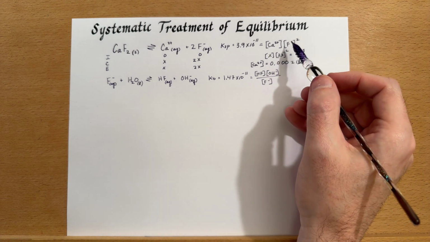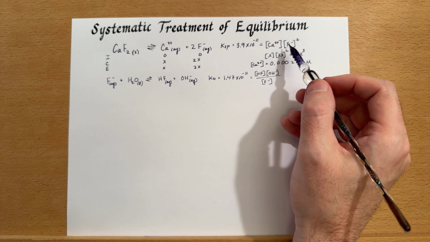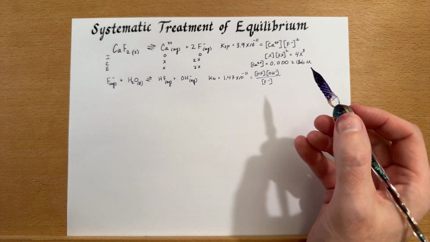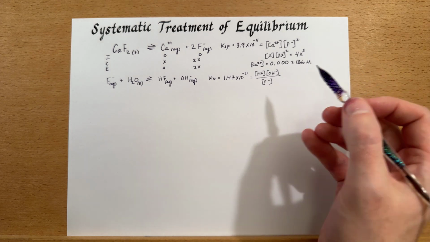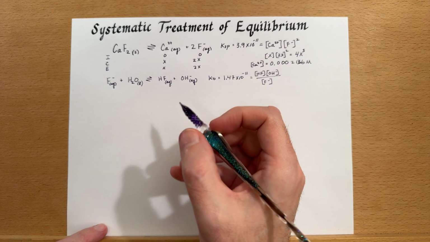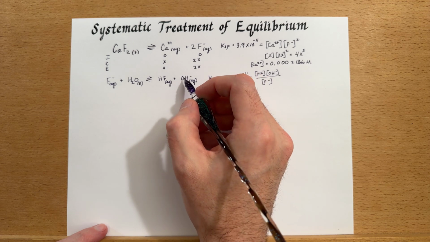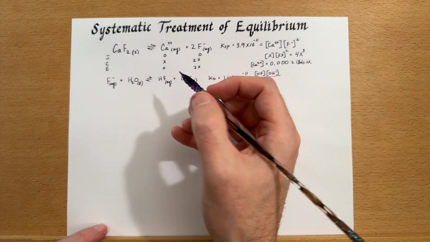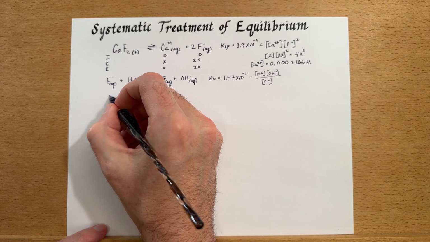So we've got two. We've got the KSP and we have the Kb expression for HF, or F negative, fluoride. But we'll need a few more equations. Now, anytime we have hydroxide, we should look at the Kw expression.